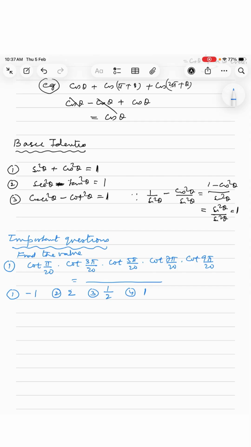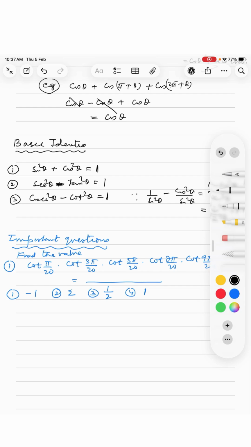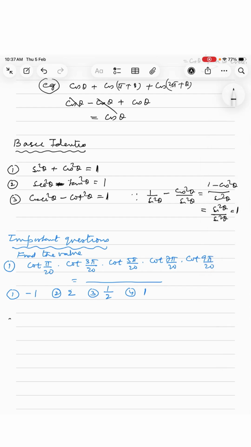Now the solution for this. What you do is, cot pi by 20 and cot 9 pi by 20 you take in one bracket. Cot 3 pi by 20, cot 7 pi by 20 in one bracket, into cot 5 pi by 20 as it is.